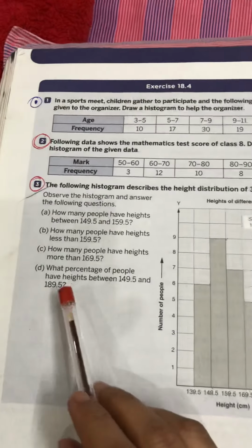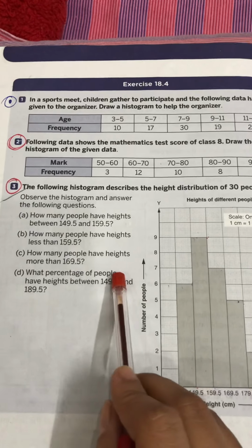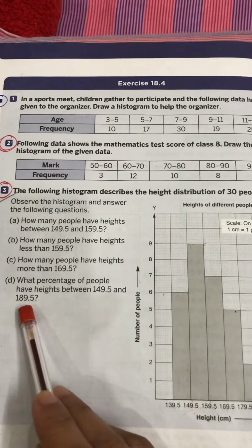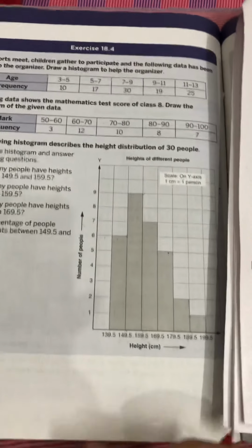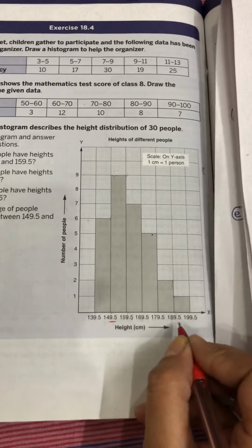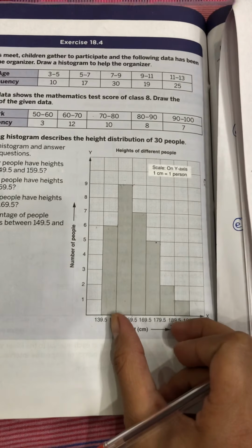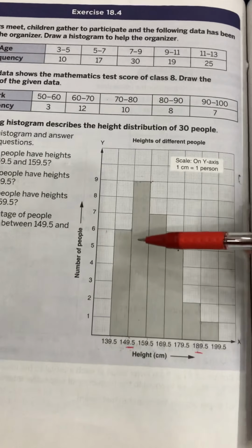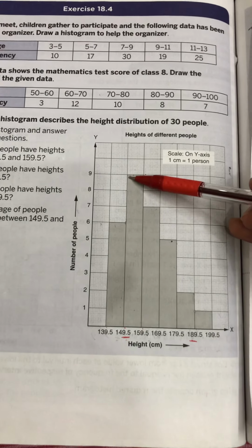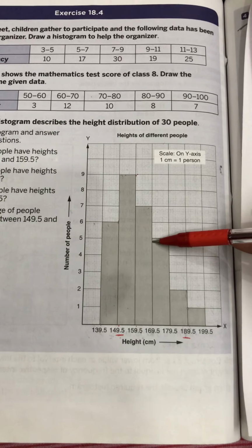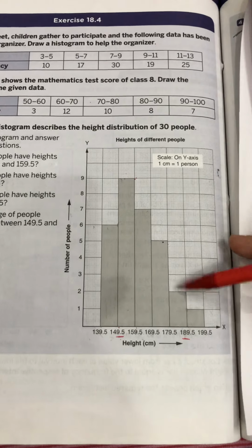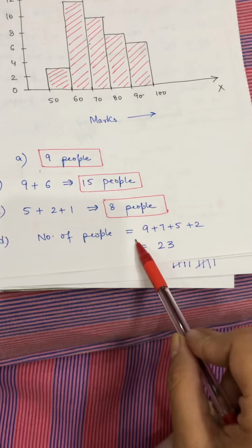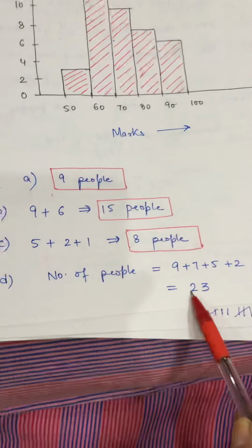Now the last part, D: what percentage of people have heights between 149.5 and 189.5? In between these, how many people have height, and find out the percentage. This is 9 plus 7 plus 5 plus 2, that is 23.